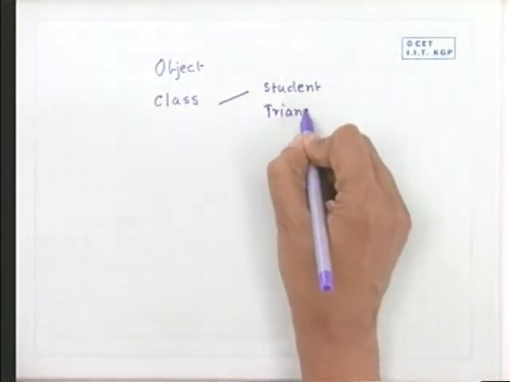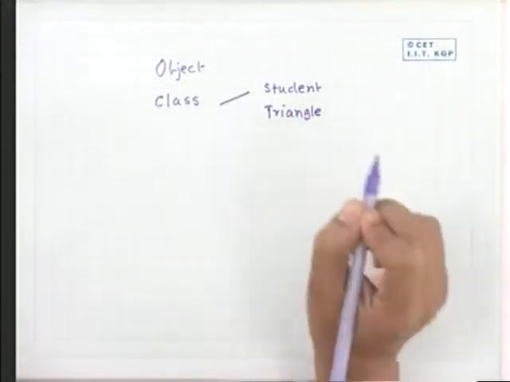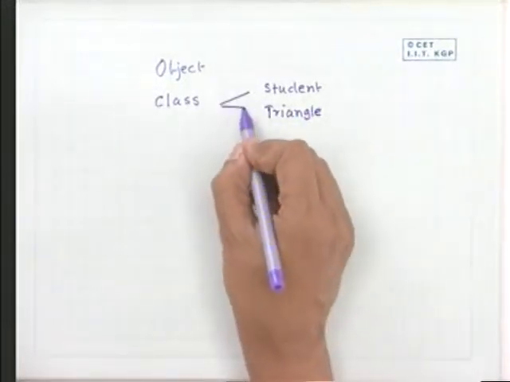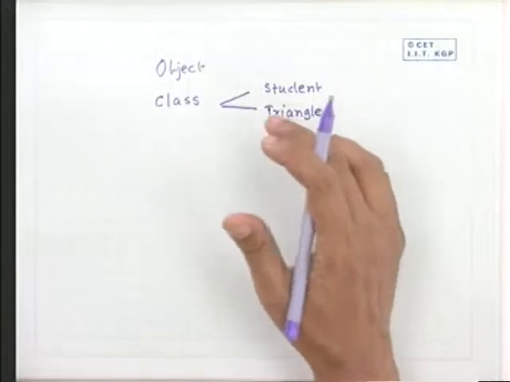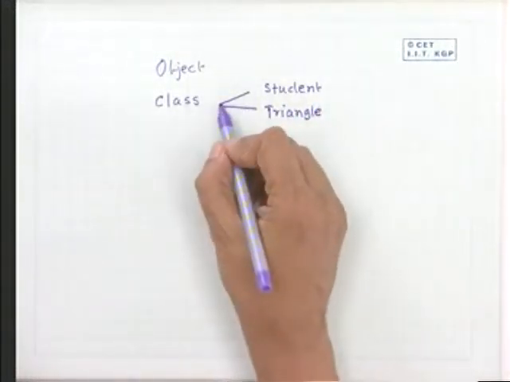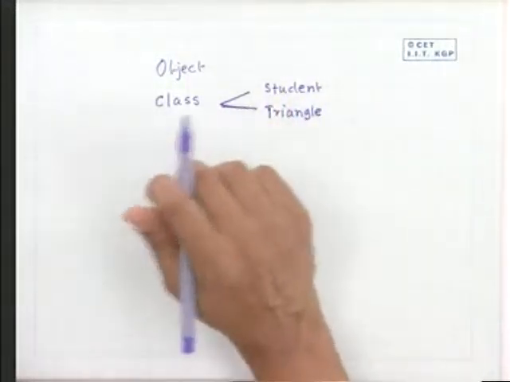Now we continue in this lecture with how the objects can be modeled and what are the concepts or the features used in defining the object models.